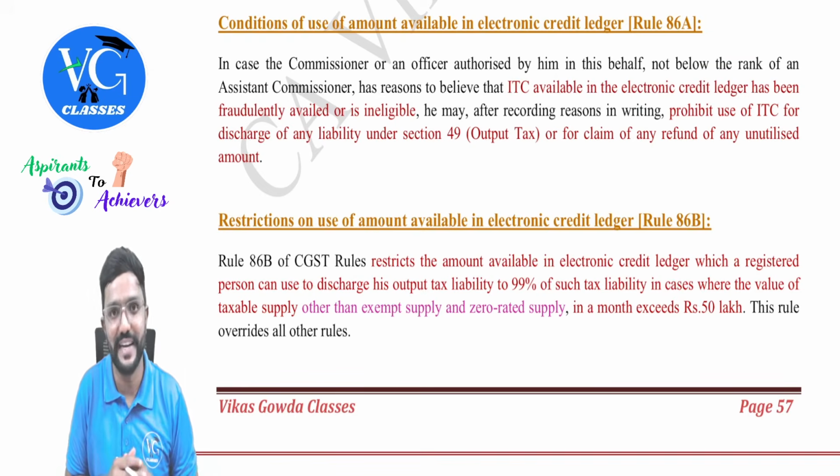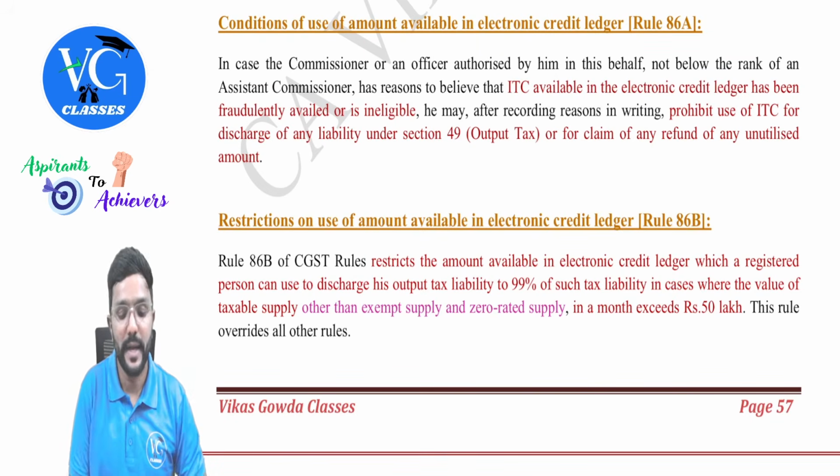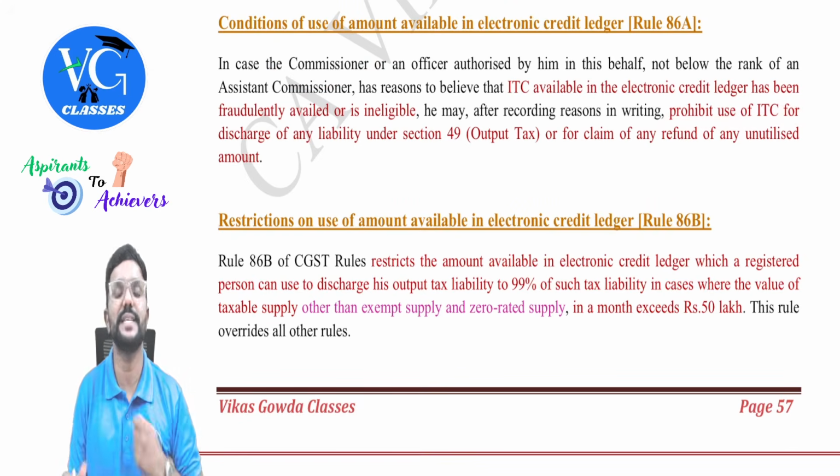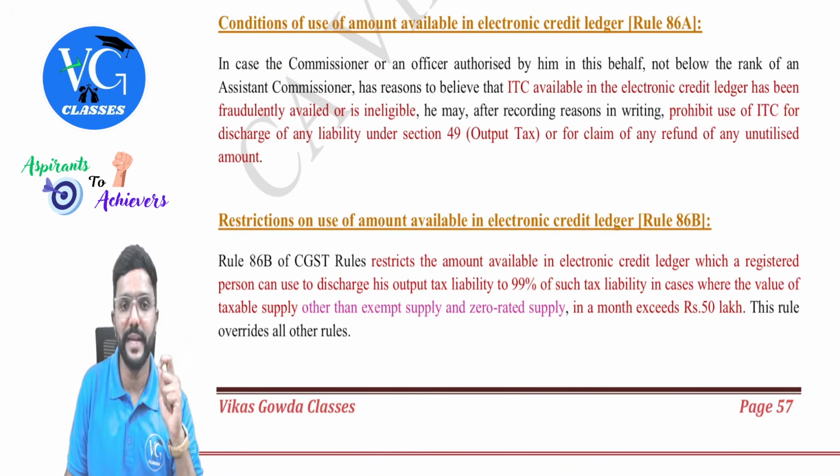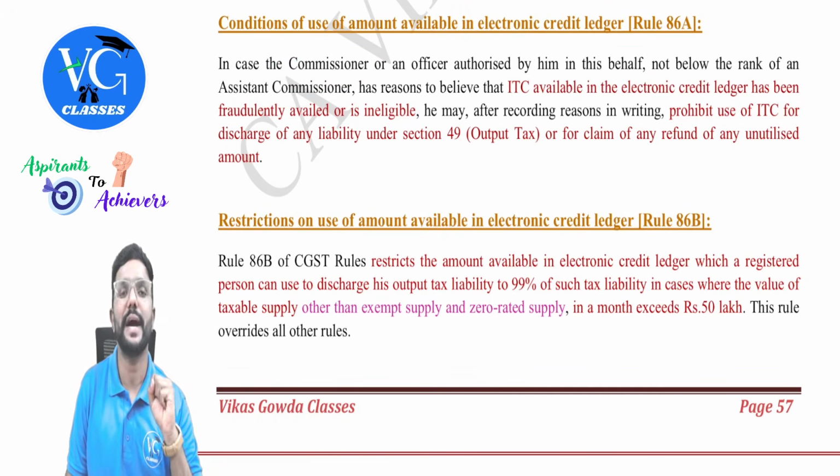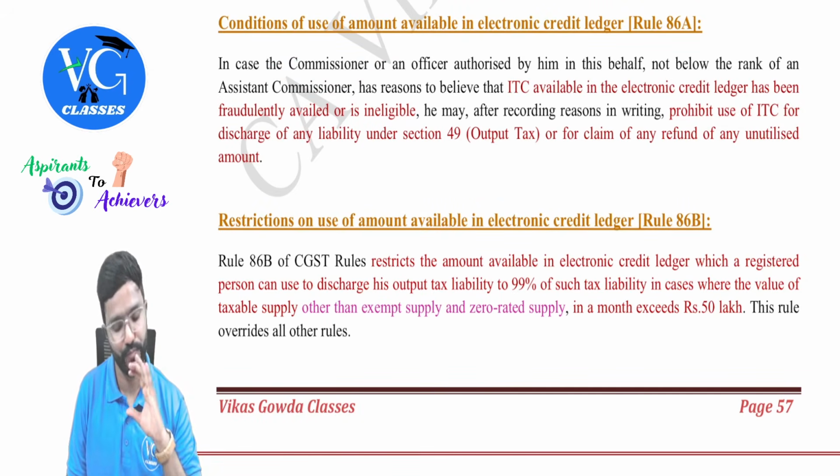In that case, the commissioner or an officer authorized by him can prohibit me from using the ITC for discharge of any liability under section 49, that is output tax, or for claim of any refund of unutilized amount, guys.